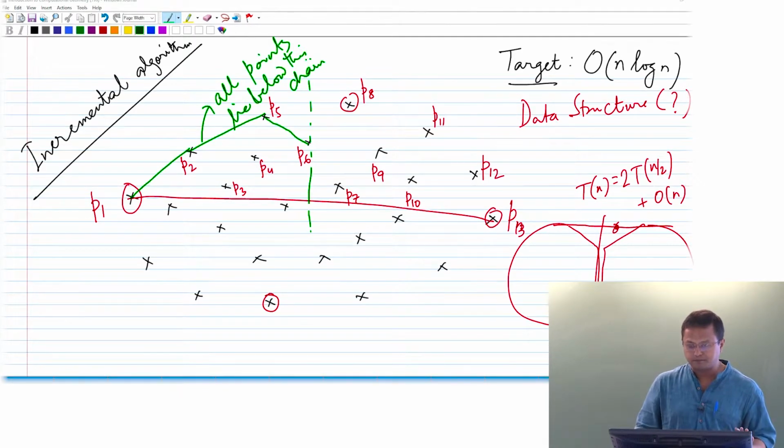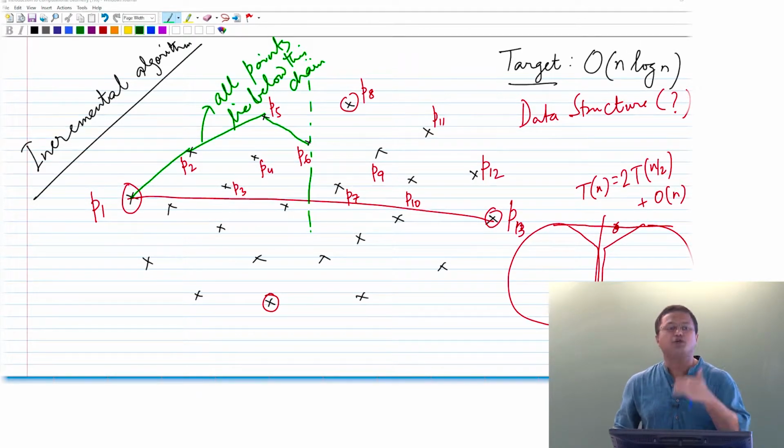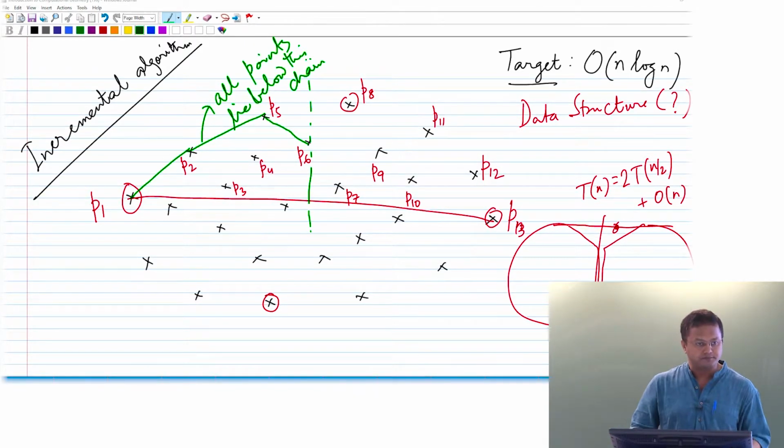Now, P7 comes, I have to introduce P7 in such a way into the convex hull such that the same thing holds.